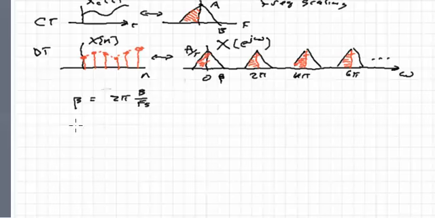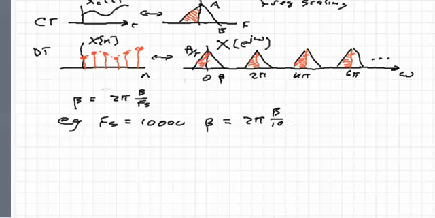Okay, for example, what if Fs is 10,000? Then beta is equal to 2π B over 10,000.